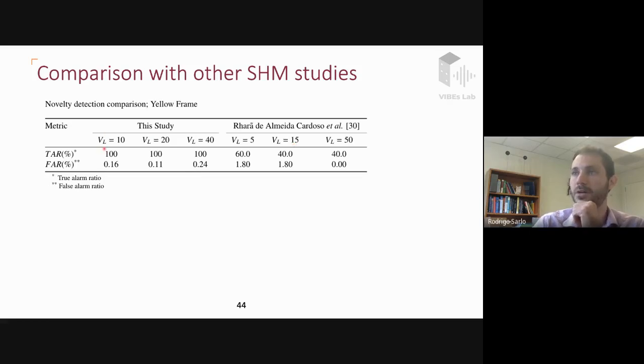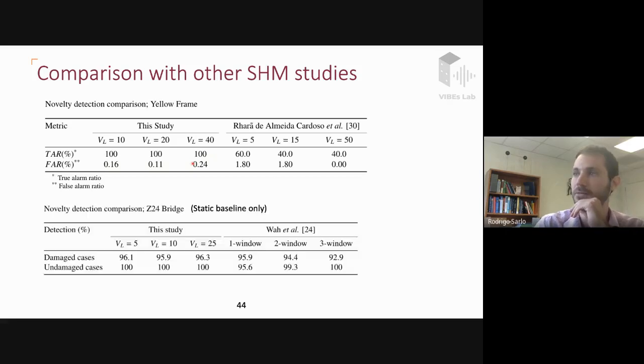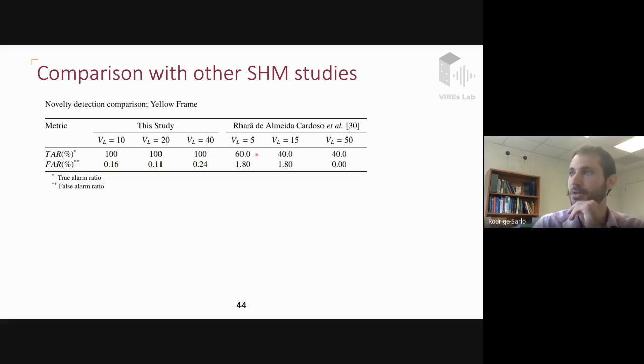And if you notice, for our study, basically our true alarm ratio is pretty good. It's 100%. But the important thing is that it's consistent. Same thing with the false alarm ratio. It's essentially oscillating around 0.15%, but it's relatively consistent. For his study, you can see there's a trade-off.